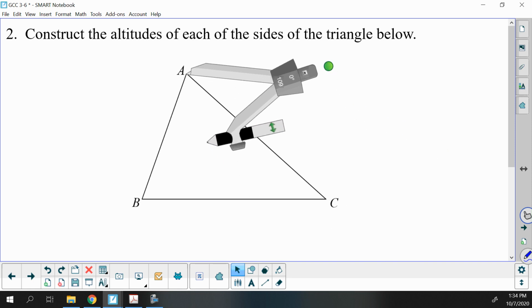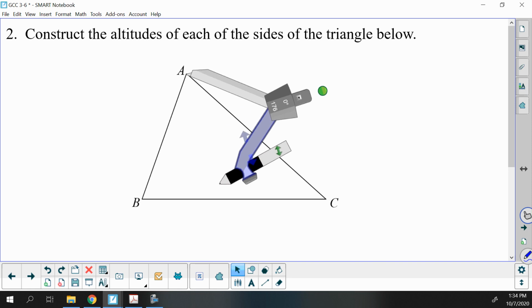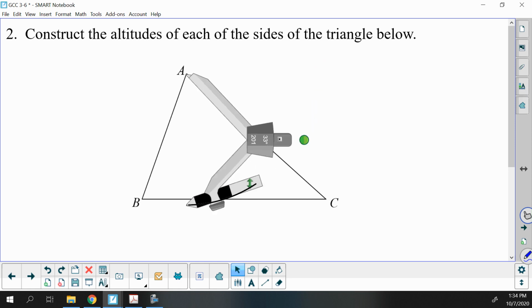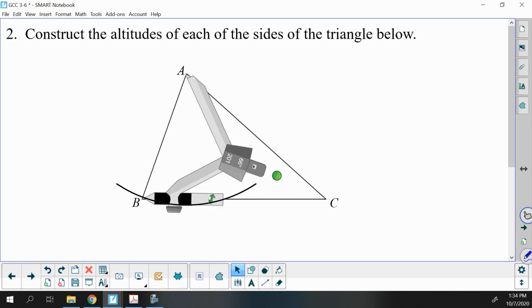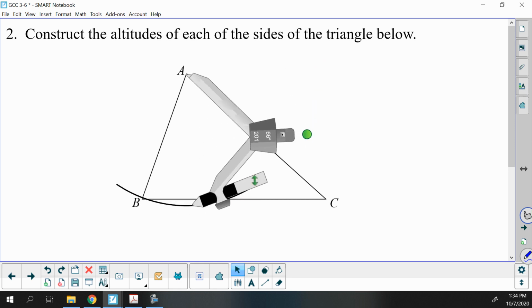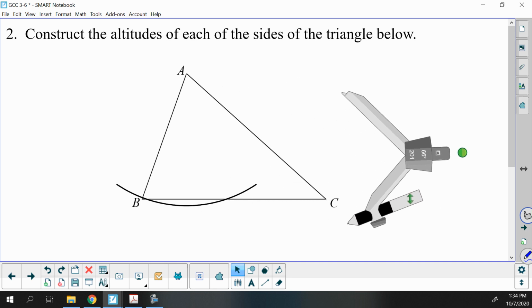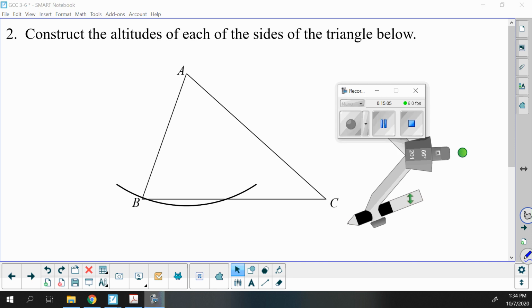So let's put our point on A, and we need to open our compass up so that it can do an arc that will hit the line twice. Now, if you find when you do your arc that it goes beyond where BC is, just use your straight edge to extend BC so that you get the intersection.